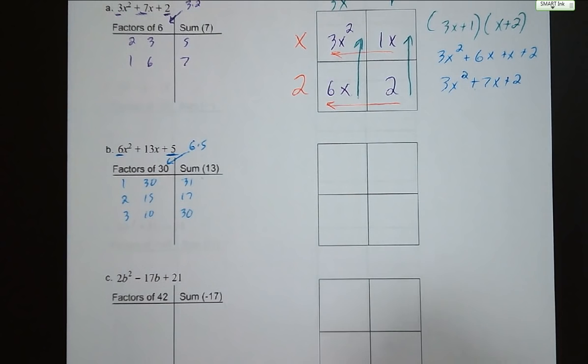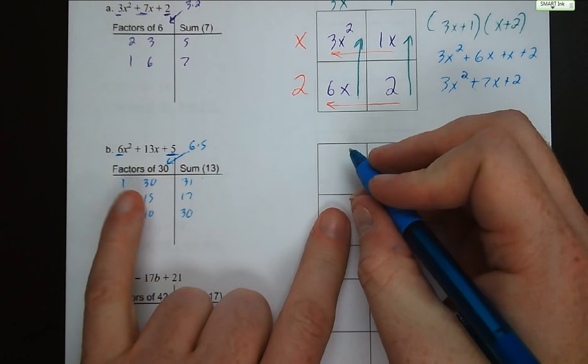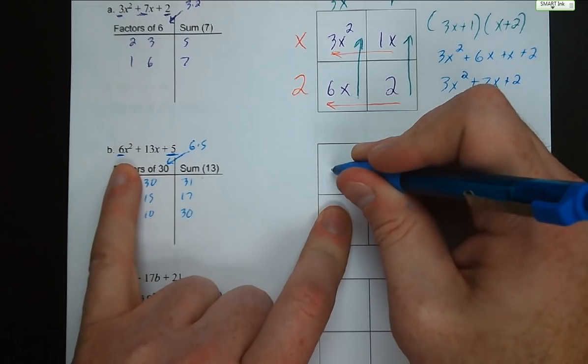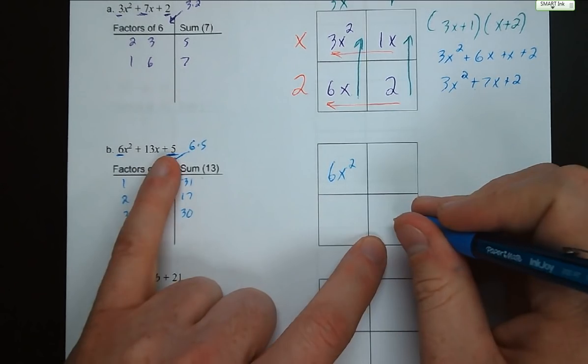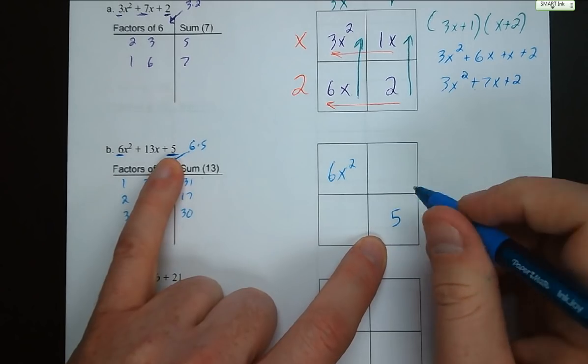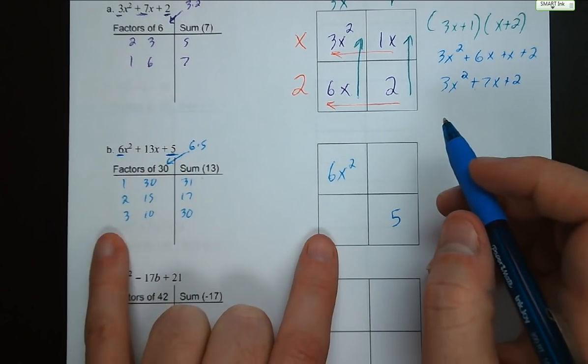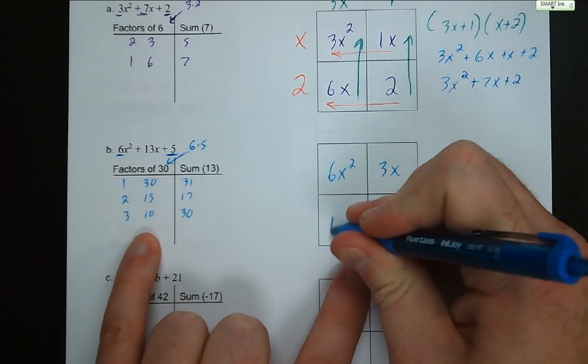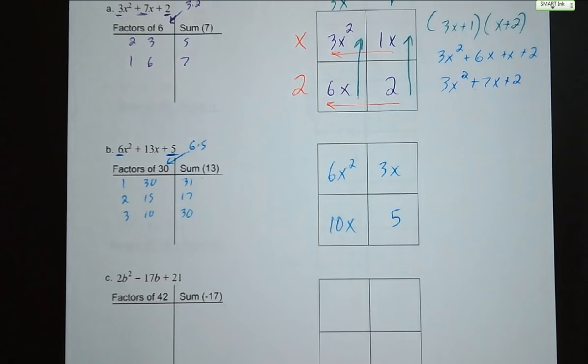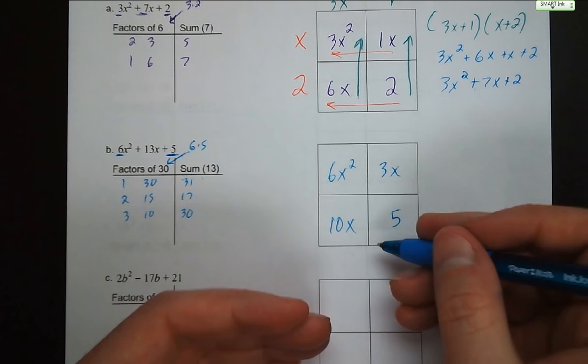So now we plug in our information. Remember, the top left box is our a term, 6x squared. The bottom right box is our 5. Those two come from the equation. And now we use our two factors that we found, 3x and 10x. It doesn't matter which one you put where, because when you do your factoring, you'll pull out your common factors.